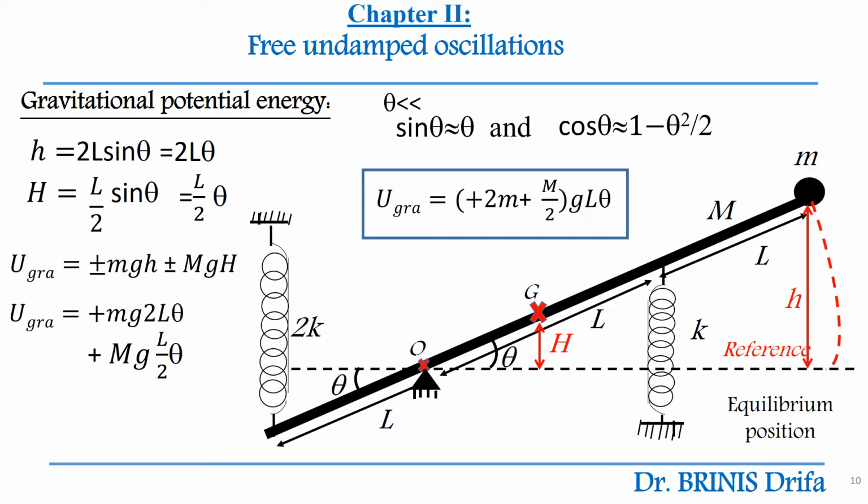When the equilibrium position is horizontal, the gravitational energy can't help the oscillating. It helps only to compress or stretch the springs in order to make theta equal 0 at the equilibrium position. Okay.